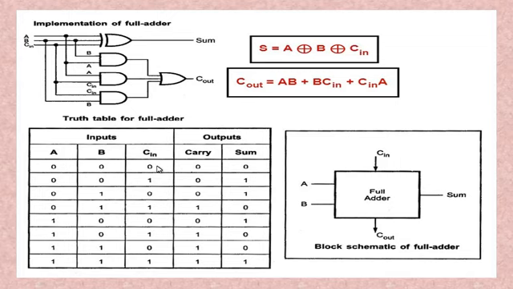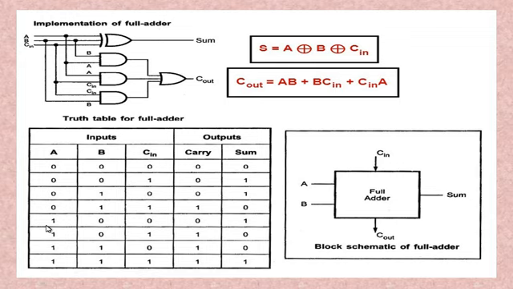As all the inputs are 0, that is A equal to 0, B equal to 0, C equal to 0, therefore sum 0, carry 0. Now second case, A0, B0, C1, therefore sum 1, carry 0. For A0, B1, C0, sum 1, carry 0. In this way, A0, B1, C1, 0 plus 1 plus 1 will give 1 0, that is sum 0 and carry 1.